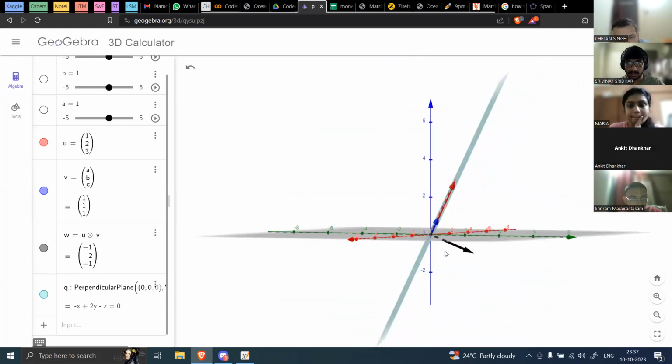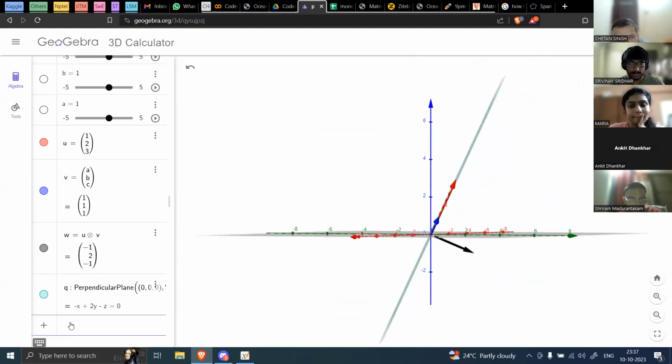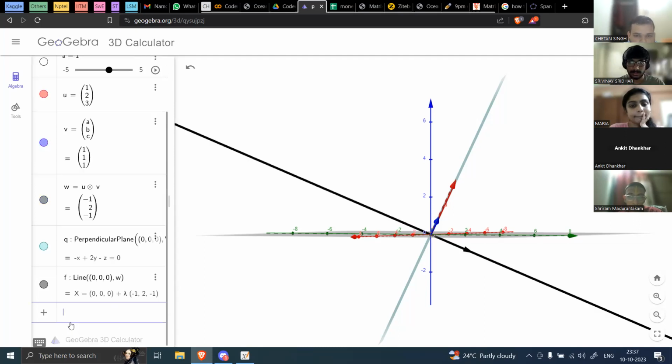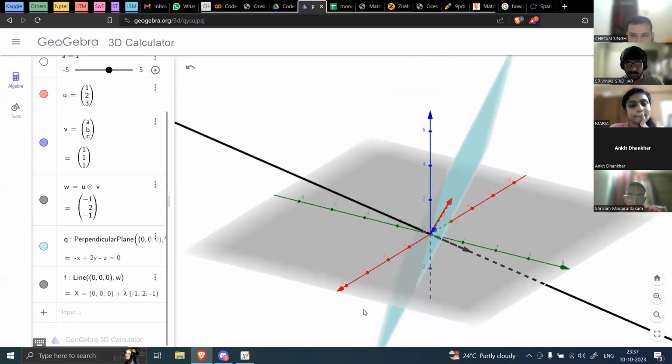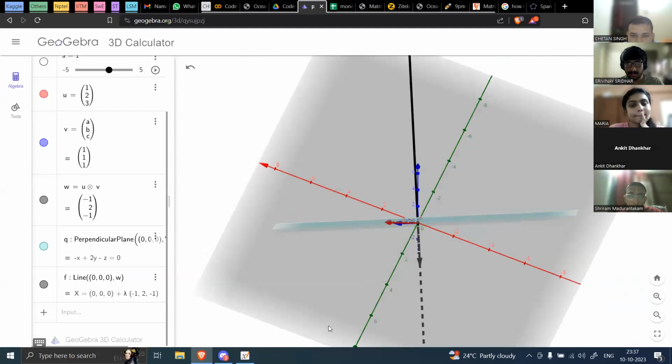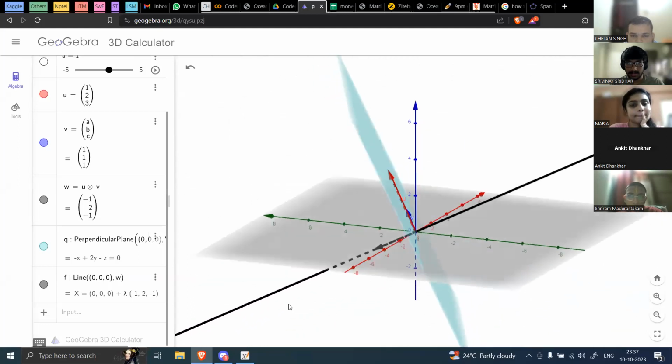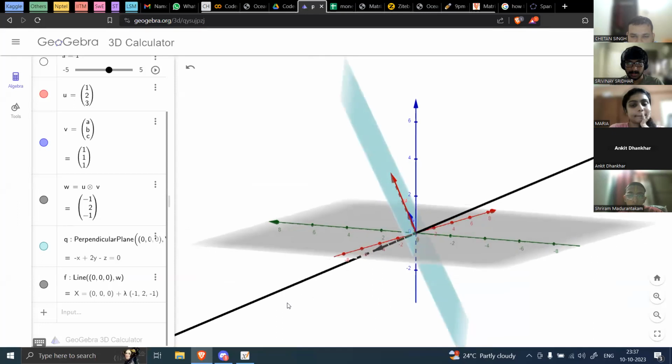Yeah, you're right. And that line has to pass through 0, 0, 0, and that vector too.